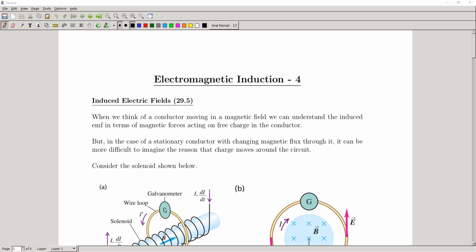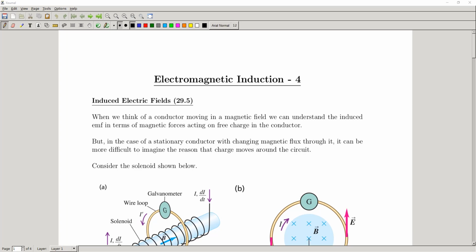Okay, and so when we think of a conductor moving in a magnetic field, remember back to when we were talking about the slide wire generator, and the slide wire moving in the magnetic field. We can understand where this induced EMF comes from in terms of magnetic forces.